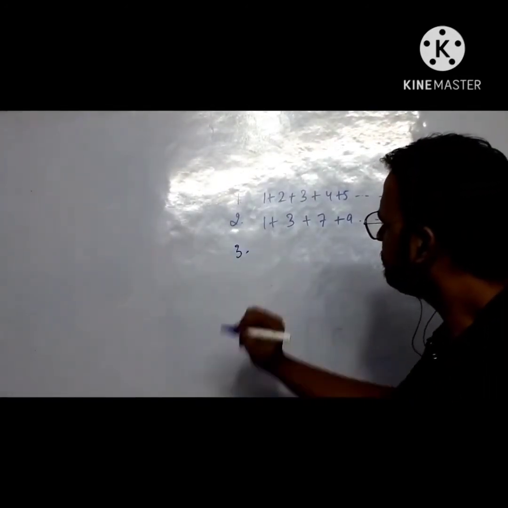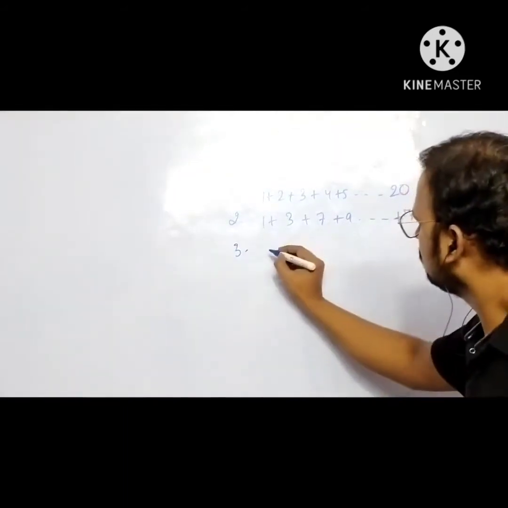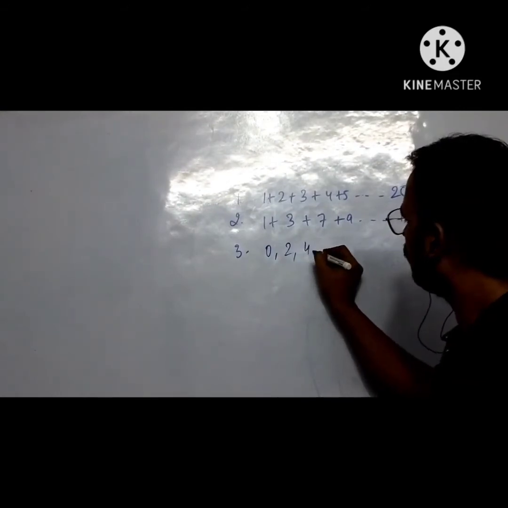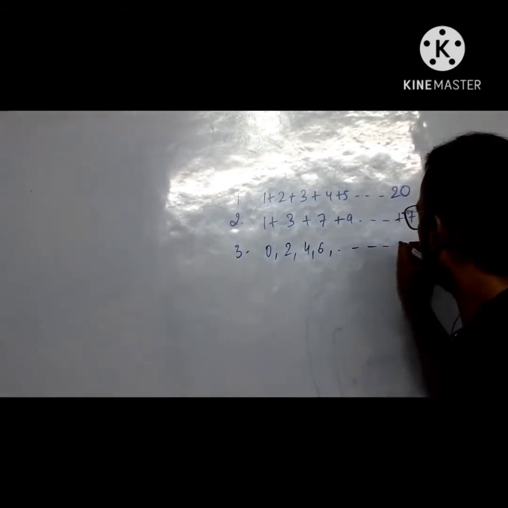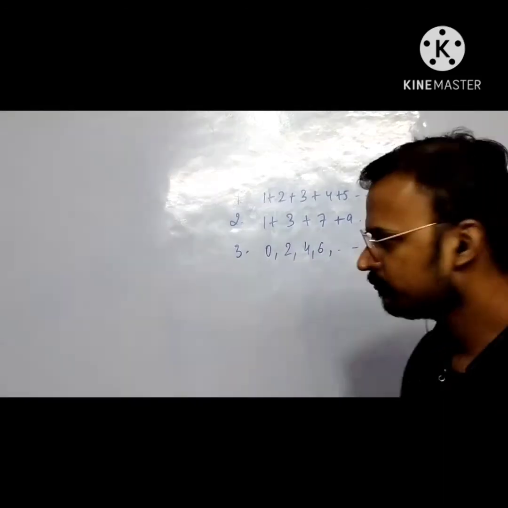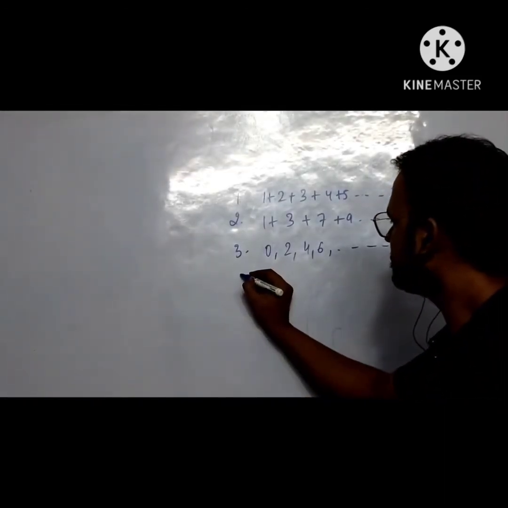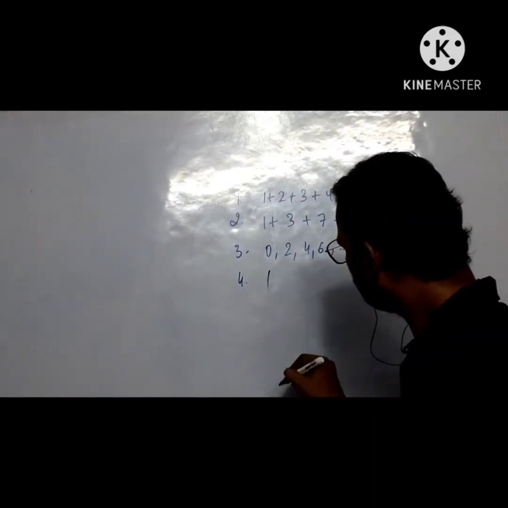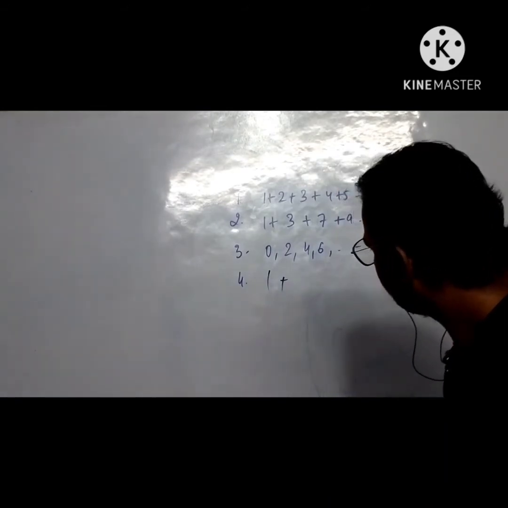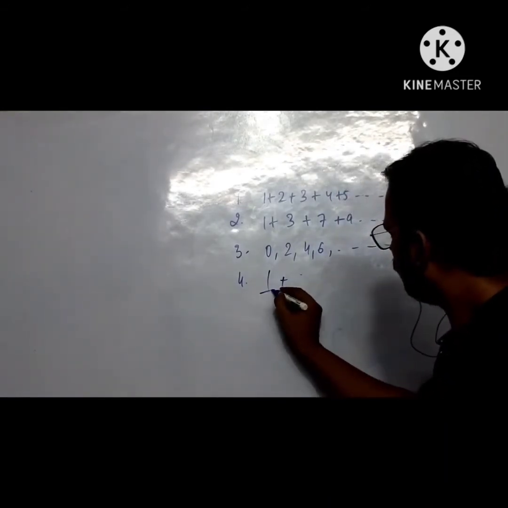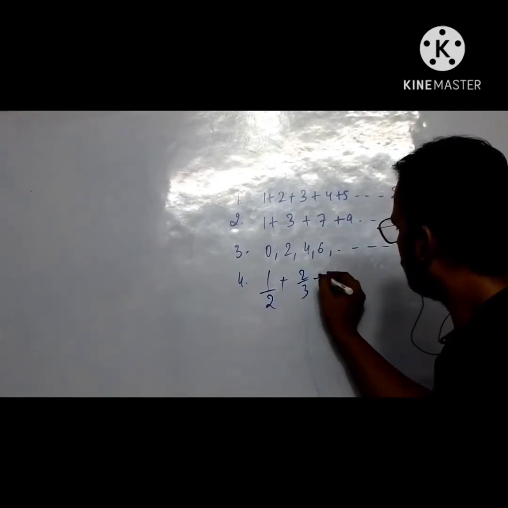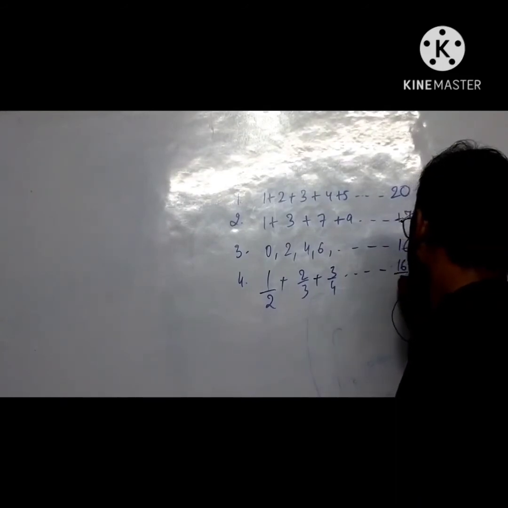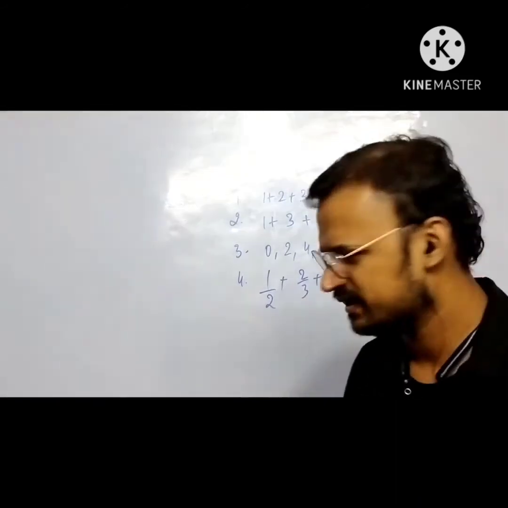Third, 0, 2, 4, 6 up to 60. Okay, then fourth one, 1 plus 1 upon 2 plus 2 upon 3 plus 3 upon 4 and so on up to 16 upon 17, or 20 upon 21, whatever it is.